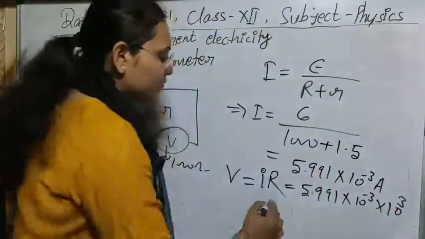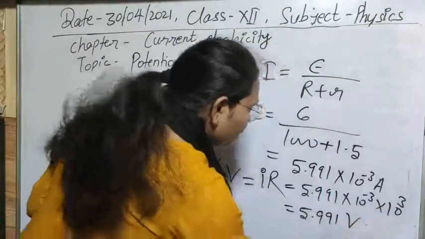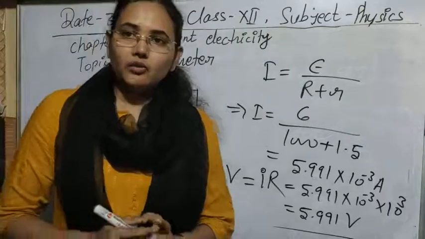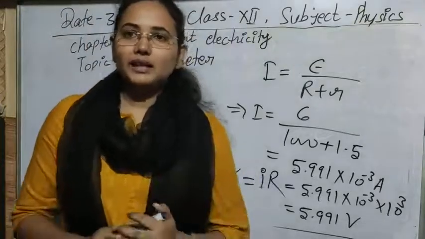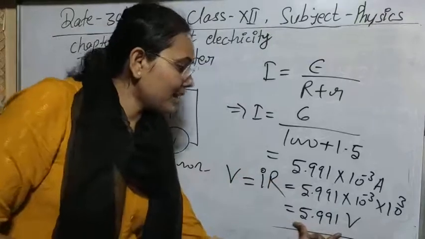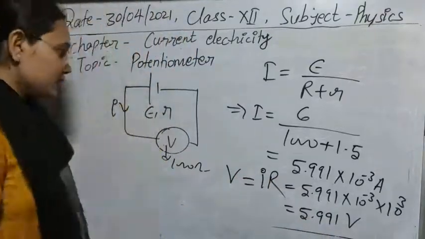So we obtain 5.991 volt. This voltage is measured by the voltmeter. Now we had the EMF of 6 volt, and we have measured the value 5.991 volt. Then let's find out the percentage error.